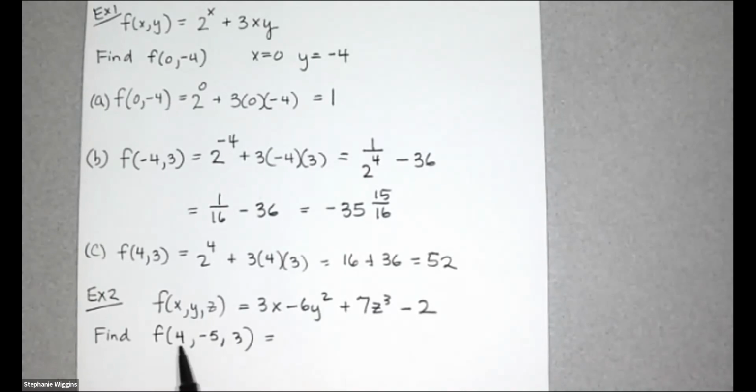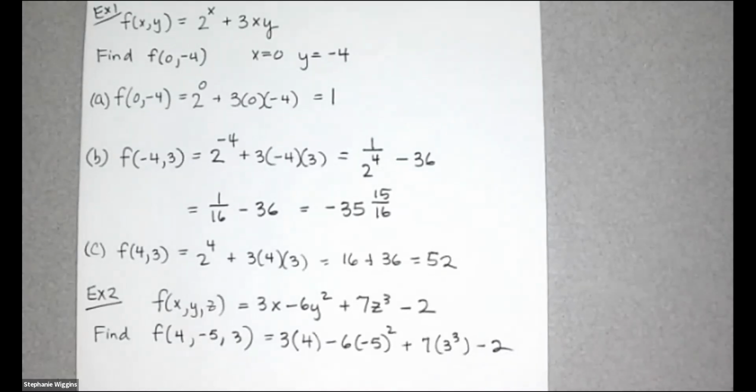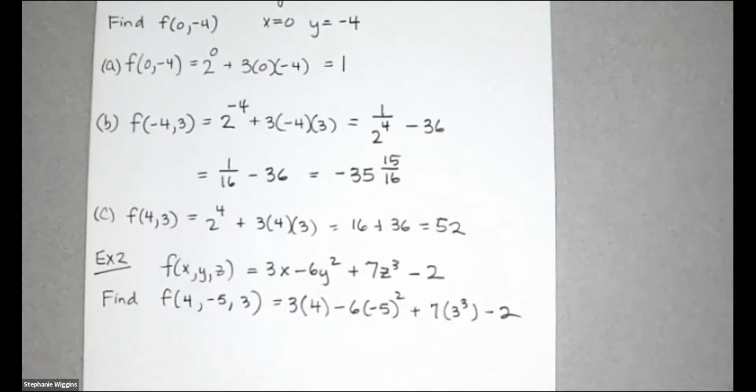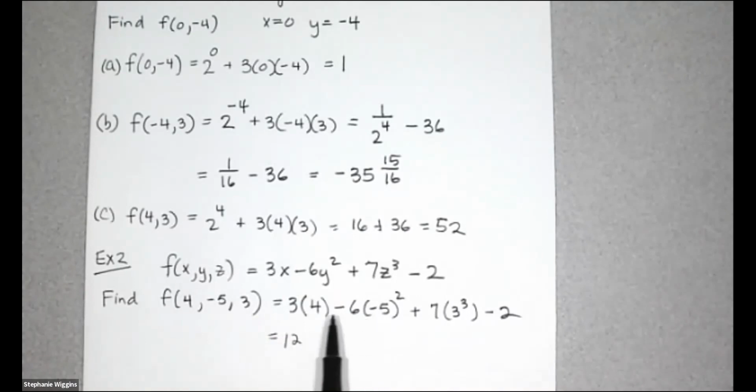So we're just going to take 4 for x, y is -5, and z is 3. And so that's going to give me 3 times 4 minus 6 times -5 squared plus 7. Z is 3, so that's going to be 3 cubed minus 2. And evaluating that, I get 12.